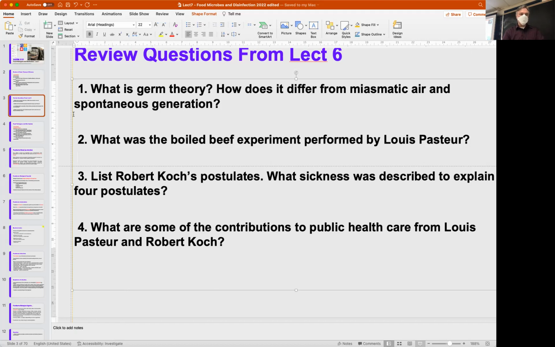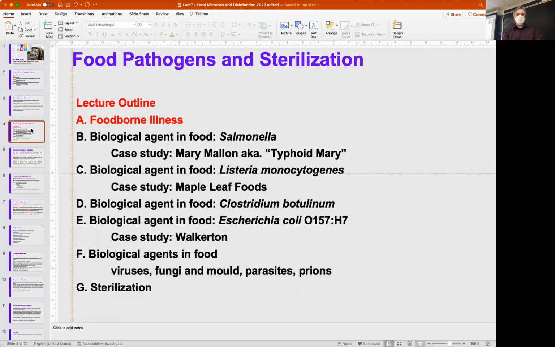Let's carry on to slide 4. Slide 4, this is my overview of what I wanted to cover today. If there were more people here, I wanted to give you the Typhoid Mary video, but I think we'll skip that. But I do want to talk a little bit about the idea of food infection and toxic infection from food one more time.